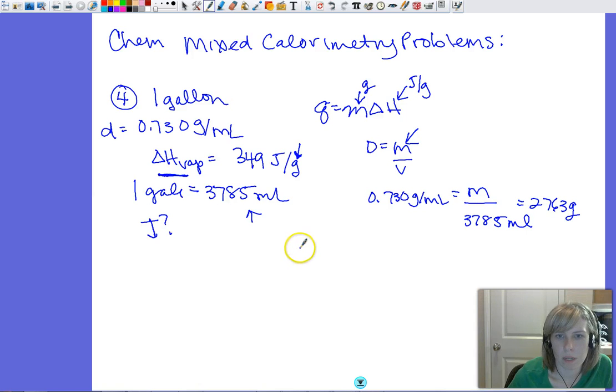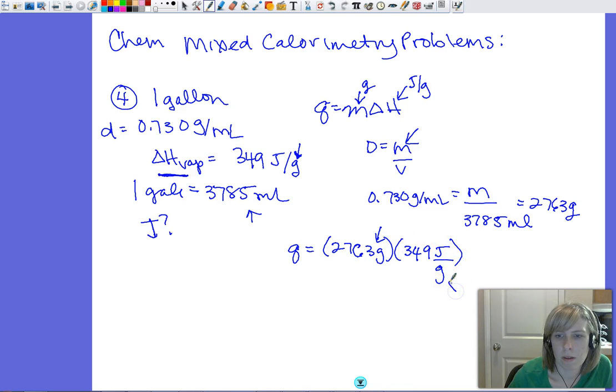So now I can plug it into my equation. So I have 2,763 grams times my delta H, which is 349 joules per gram.